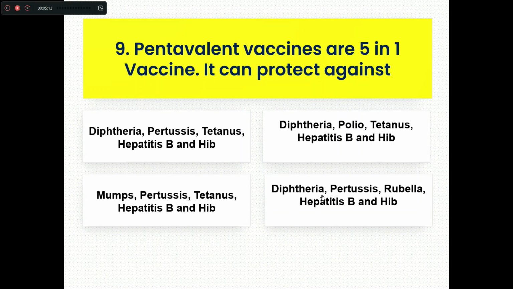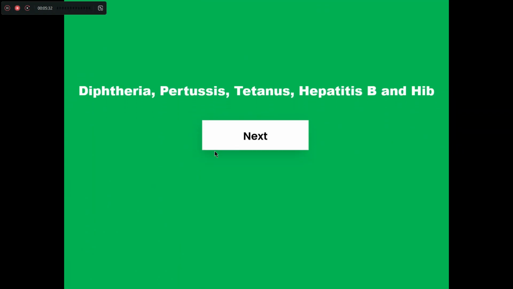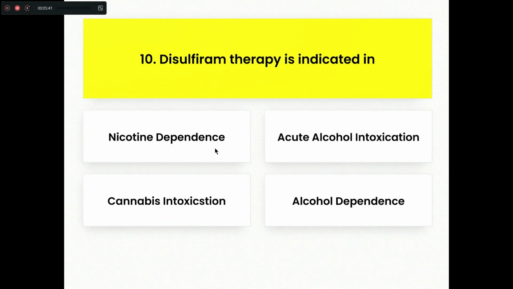Option D, diphtheria, pertussis, rubella, hepatitis B, and HIV. The pentavalent vaccine combines several vaccines in one. The right answer is option A: diphtheria, pertussis, tetanus, hepatitis B, and HIV. Move on to the 10th question.